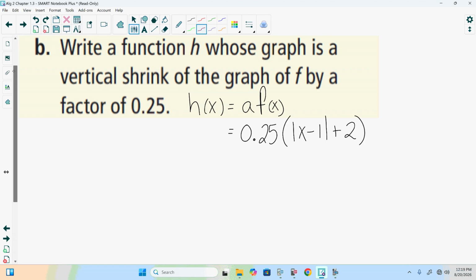So we'll replace our a value with the amount that we're shrinking it by, which is our 0.25. And then we're going to replace f of x with the function, our absolute value of x minus 1 plus 2.